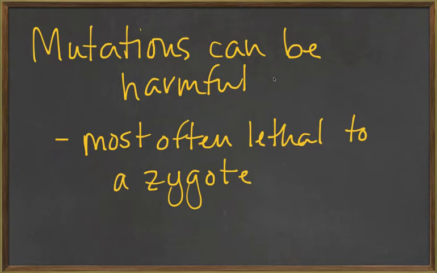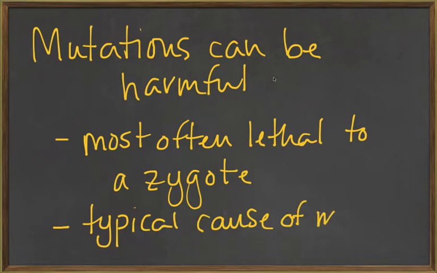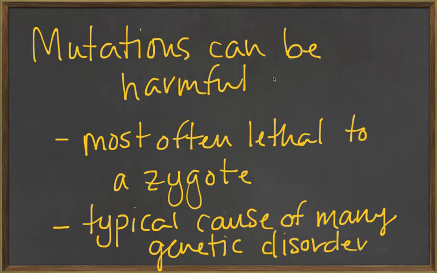The body would spontaneously abort it. If the zygote is allowed to mature, the other side of the coin is that it is the typical cause of many genetic disorders. And we will talk about a lot of these in class when I see you. So you have three options: neutral, beneficial, or harmful.